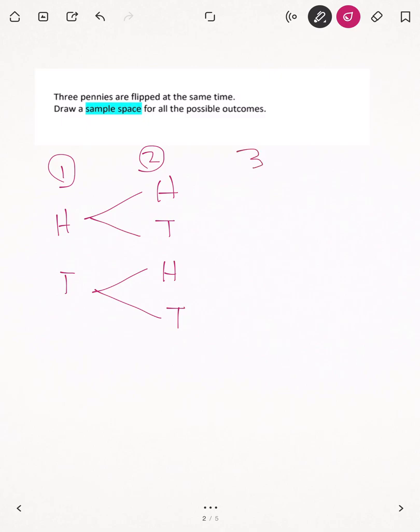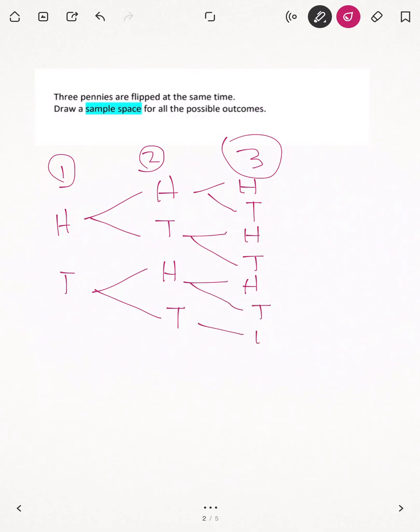Now when we invite penny number 3 into the situation, we have heads and tails, heads and tails, heads and tails, heads and tails. It's getting more complicated. Let's write out the sample space.